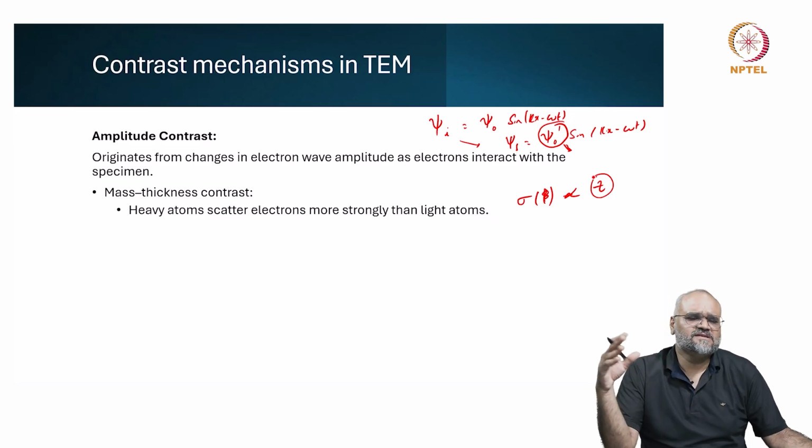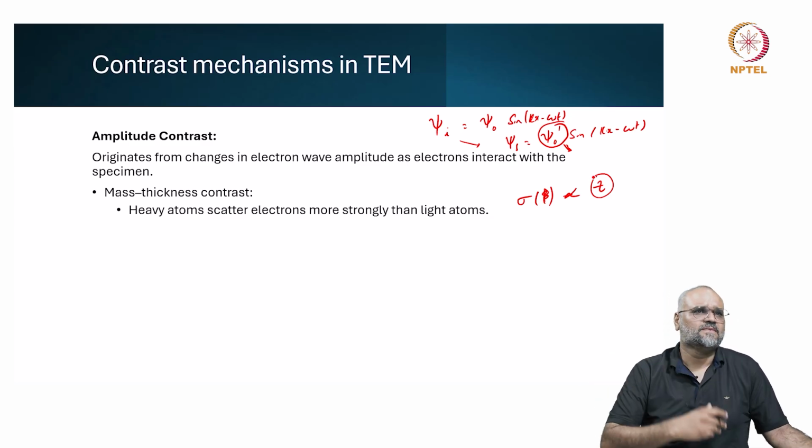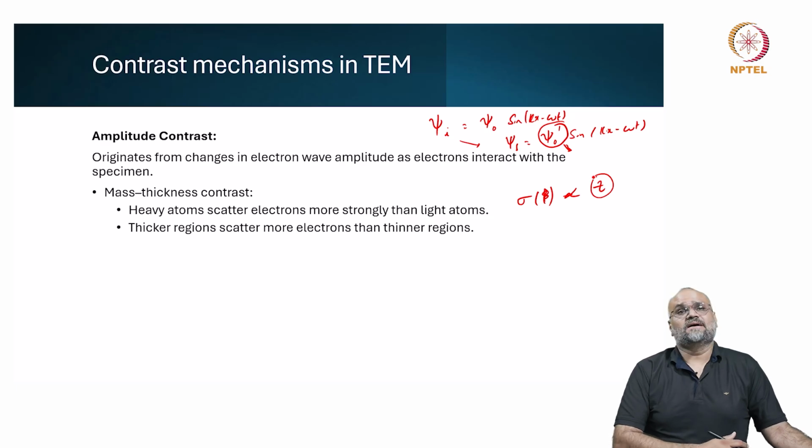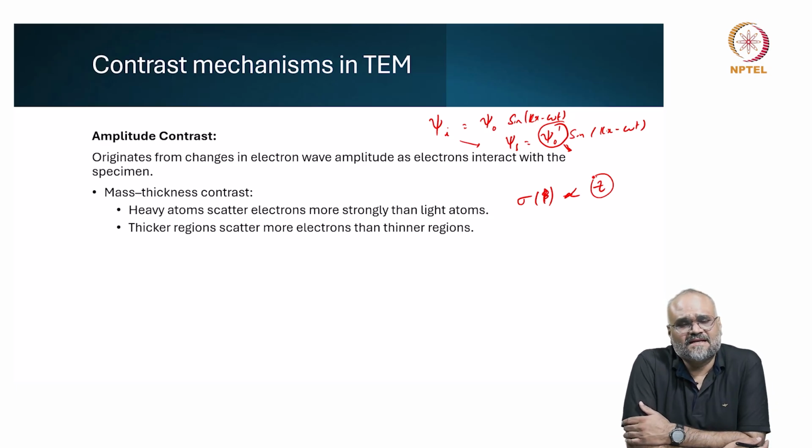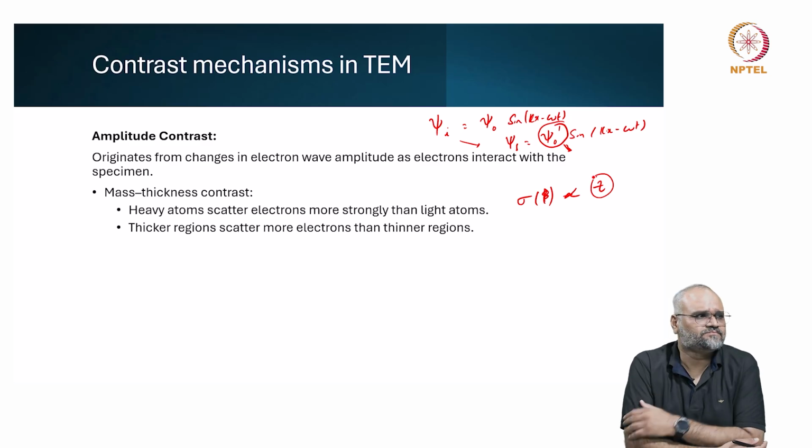Likewise, aluminum is going to scatter it slightly weaker. Thickness also has a strong influence on the variation in the amplitude. Thicker regions typically tend to scatter more than thinner regions, and if you are recording a conventional bright field image, thicker and heavier regions appear darker.